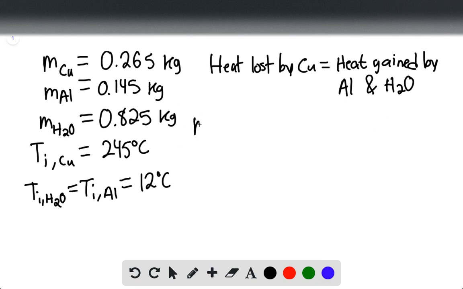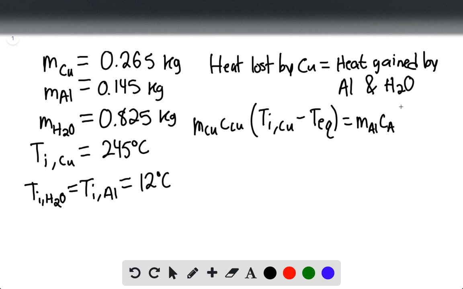So we can say that the mass of the copper times the specific heat capacity of the copper times the difference between the initial temperature of the copper minus the equilibrium temperature. This will equal the mass of the aluminum times the specific heat capacity of the aluminum times the difference in temperature, so the equilibrium temperature minus TI of aluminum.